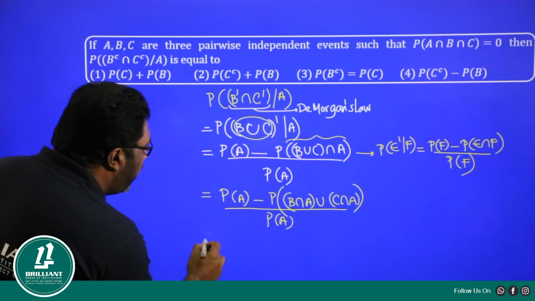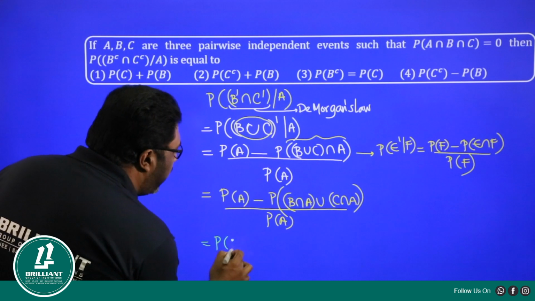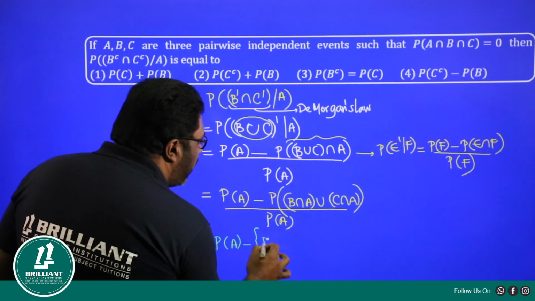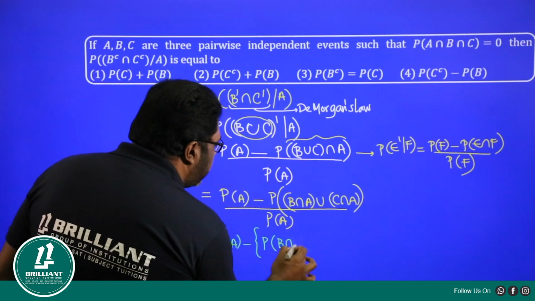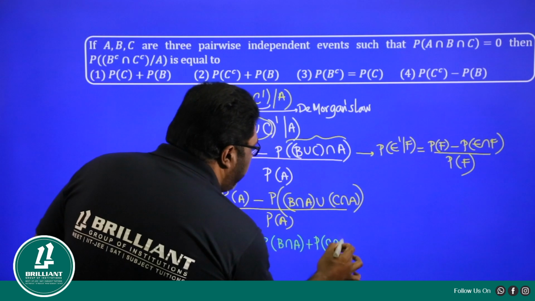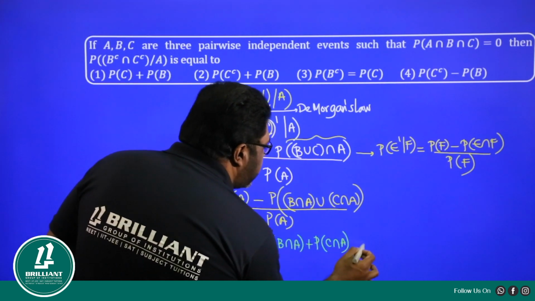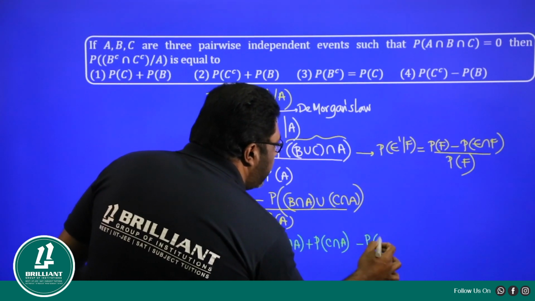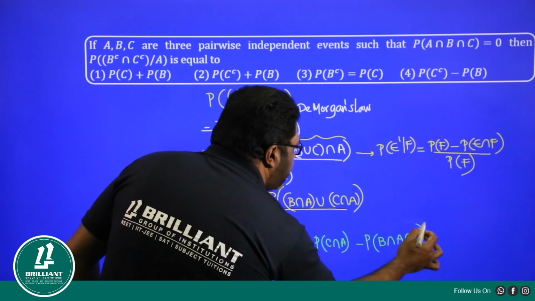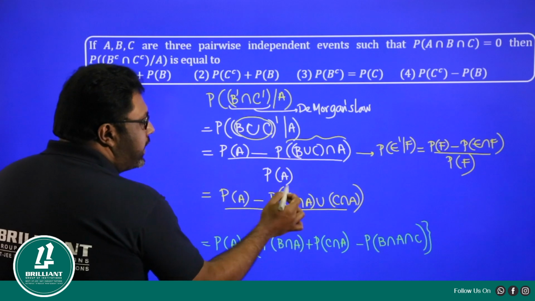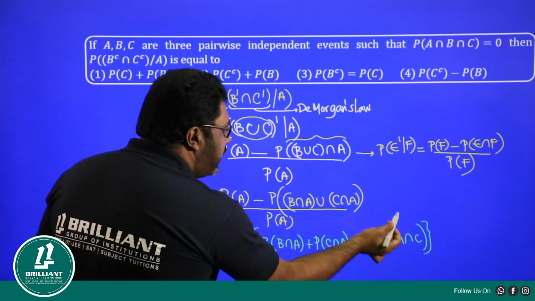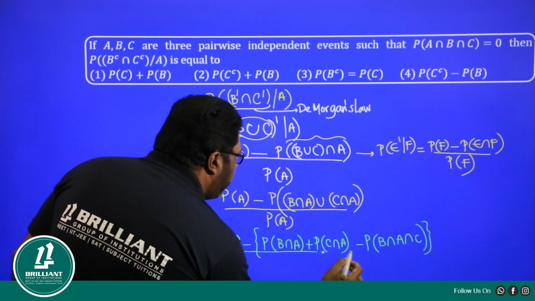Union is P of E plus P of F minus P of E intersection F. Can you see it is the intersection of all the three? B intersection A intersection C intersection A. So A is coming 2 times, you just need to write it once, divided by the P of A.